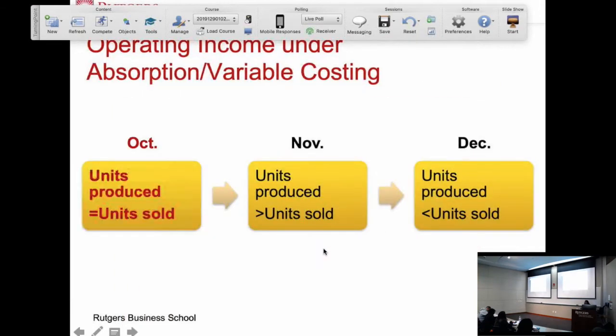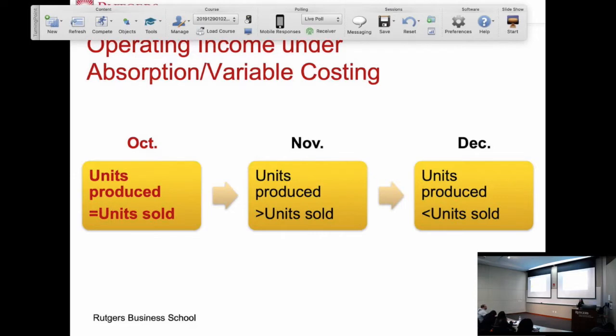And last time we also mentioned the comparison between the operating income from absorption costing and variable costing, right? I think we already mentioned the situation where the units produced are equal to the units sold.